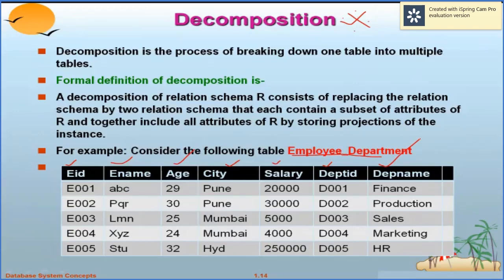So what I'm doing here is clubbing the data of the employee along with the department details. This encourages repetition of data here and there, which is not a good idea.